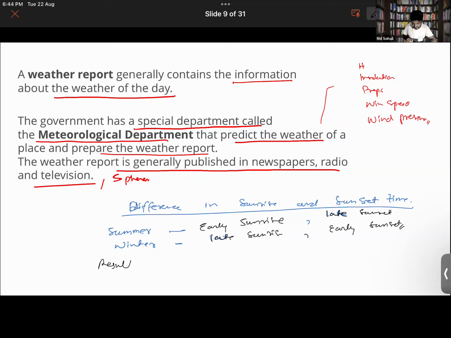What result do we see: are days longer in summer or winter? Summer. Days are longer and nights are shorter in summer, while days are shorter and nights are longer during winter. Getting it now?